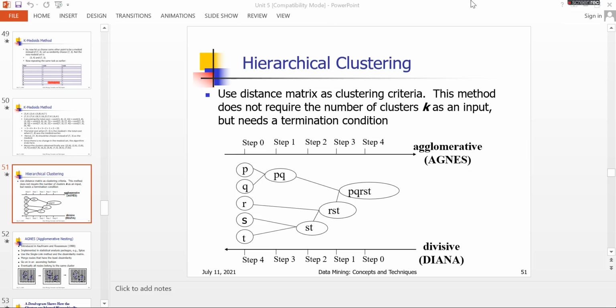The hierarchical concept you have already seen in the previous subject, DBMS. Data warehousing is nothing but an extension of DBMS. In DBMS you have seen the specialization and generalization property. In specialization, based upon the dissimilarity, you are dividing the data from higher level to lower level.